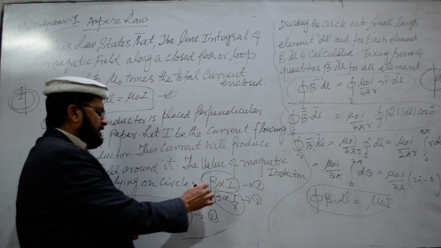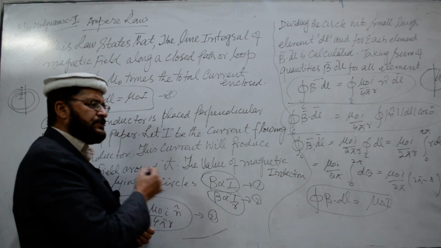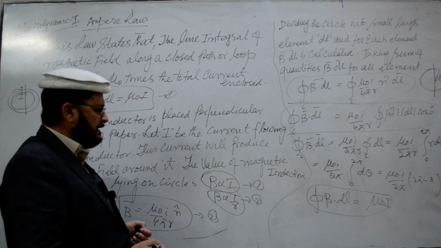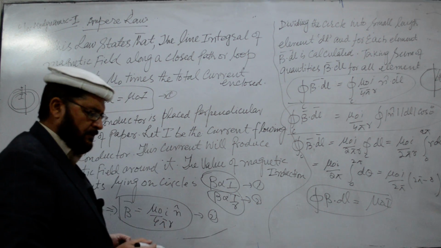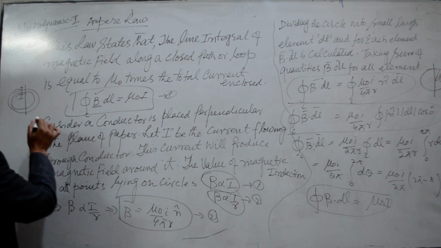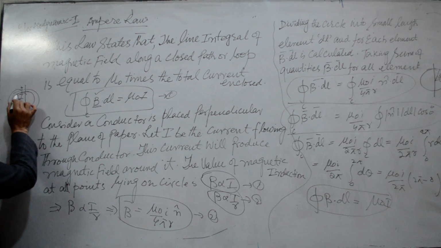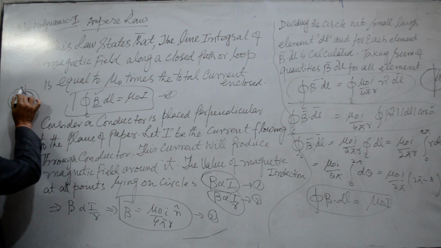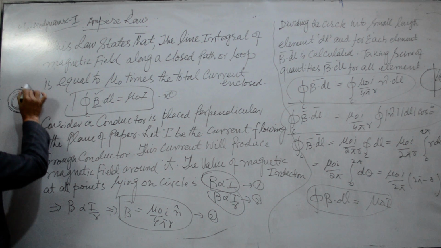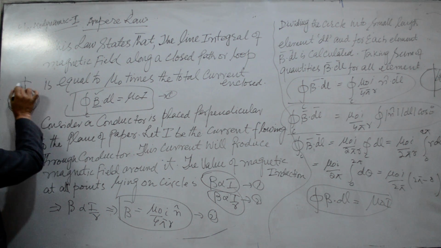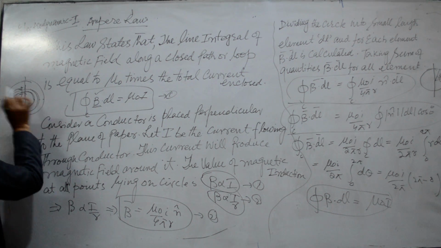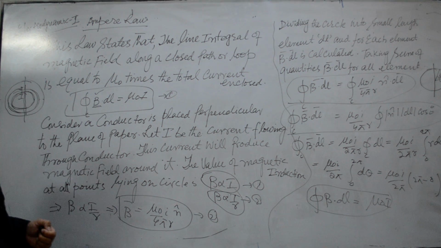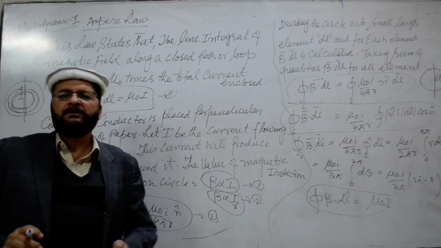Similarly, the magnetic field produced by the wire carrying current is inversely proportional to r. For example, if you follow this closed loop, or this one, or this one, the magnetic induction value will be different on each loop.